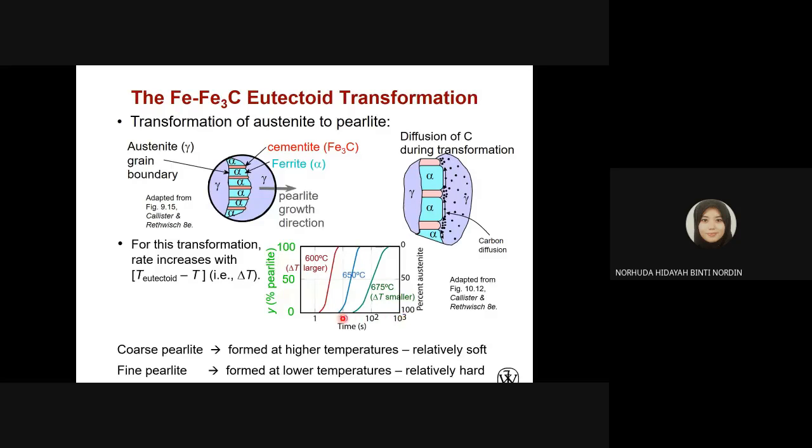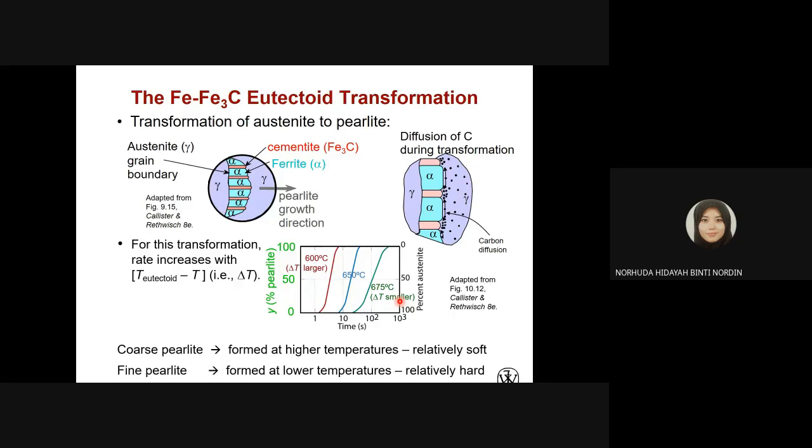When the temperature is at 600, where delta T is larger, you will see that the growth is very fast, which means that at 1 second, the pearlite is already formed, compared to when you do supercooling at 675, where delta T is smaller.